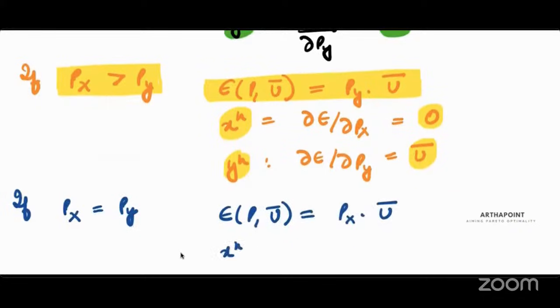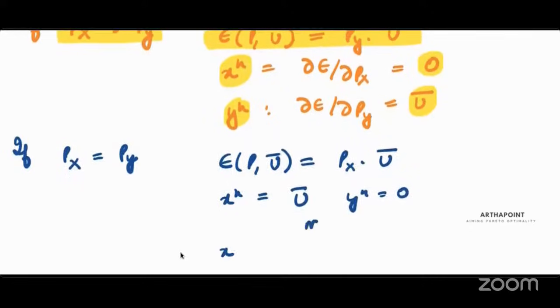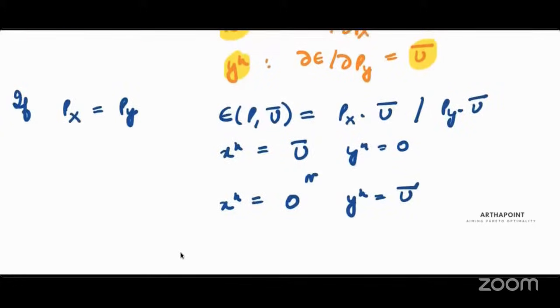So you will simply have Xh equal to U bar, Yh equal to 0, or Xh equal to 0, Yh equal to U bar, in case you write it as Py into U bar, or any combination in between also. So you can have anything in between because the two are equal. So this is actually the scenario of substitute goods.